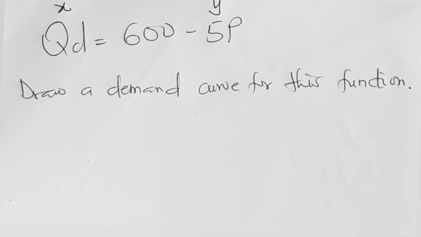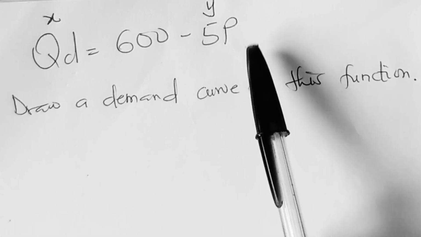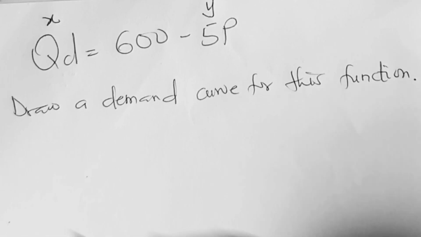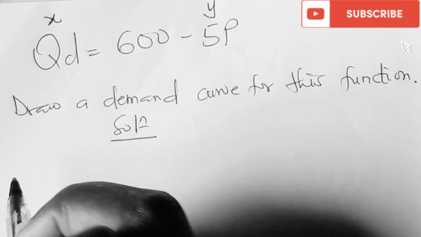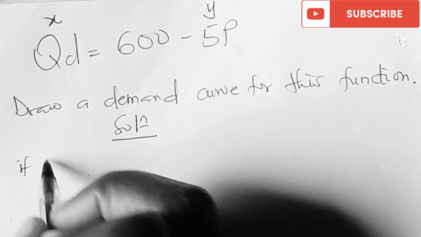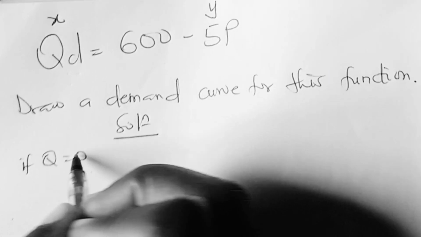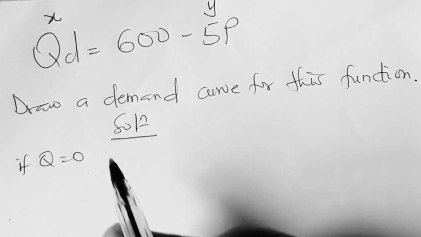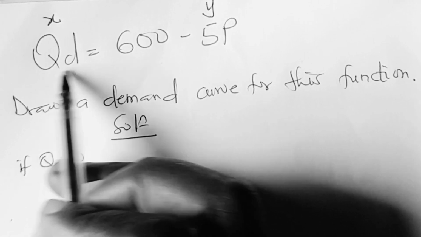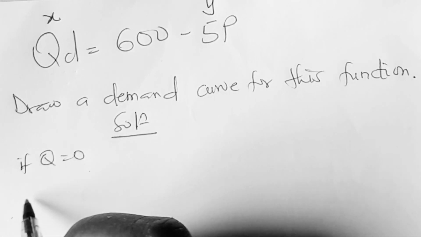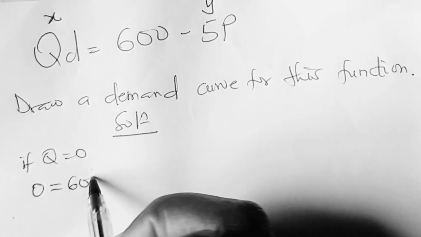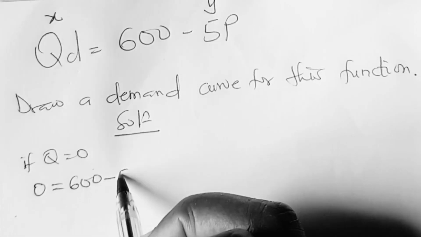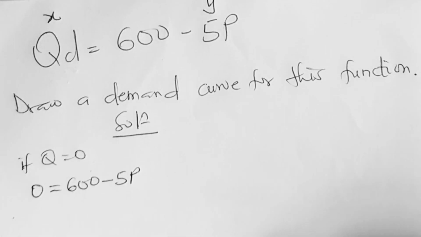Let's first find P. What is P if Q is 0? Now the solution. If Q equals 0, it means that Q is 0 here in the function. So 0 equals 600 minus 5p.